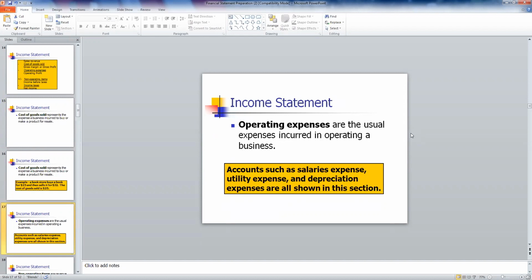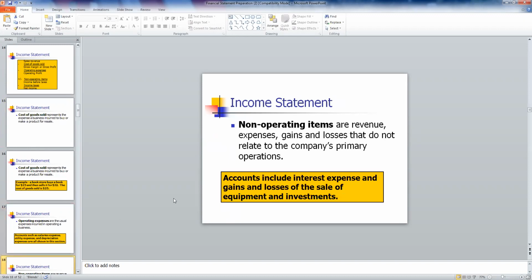But basically, it's the ongoing expenses that we need to operate our business. So we started the semester by looking at individual income statements. And if you listed out your individual expense items, businesses have similar things. They have rent, they have salaries they have to pay, they have utilities and the like. And those are the costs of running any business.